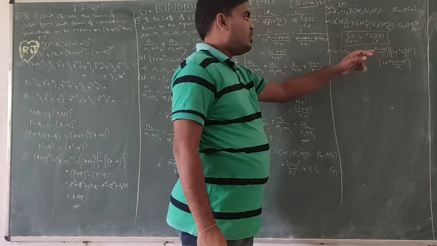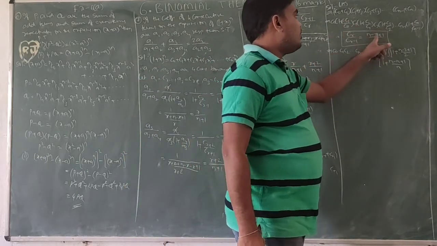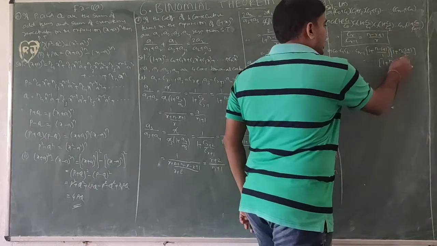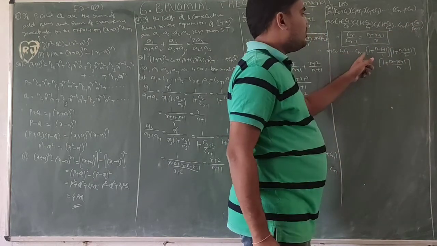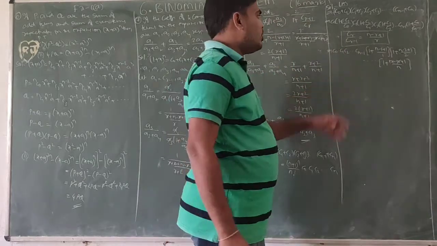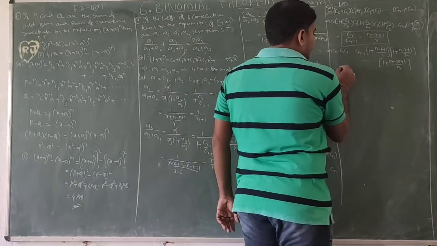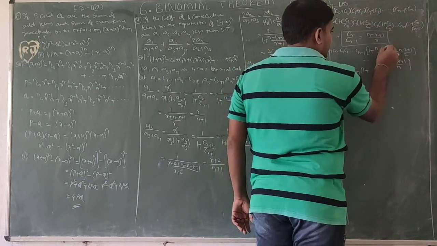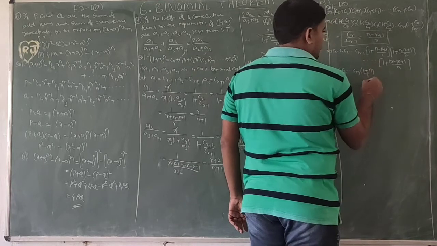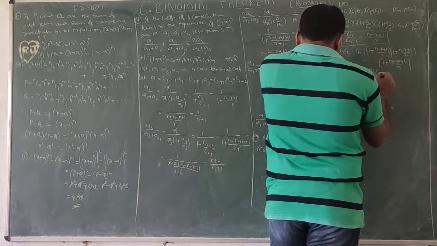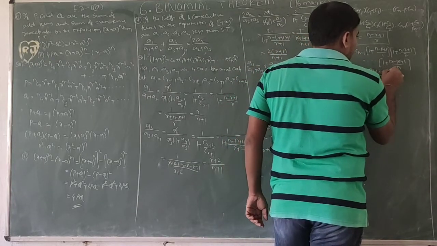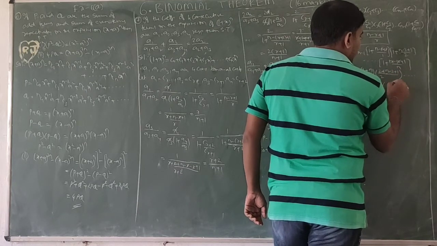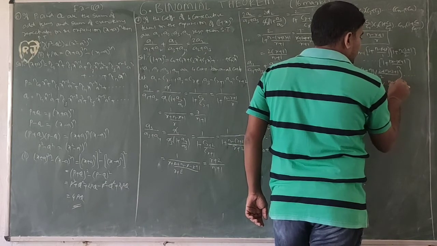So instead of r I am writing here 1, 2, up to n. So n getting cancelled. So up to Cn minus 1, Cn value 1. So I want to write up to Cn. C0, C1, C2, Cn, 1 plus n by 1. So taking LCM, 2 plus n minus 2 plus 1 up to so on n plus 1.